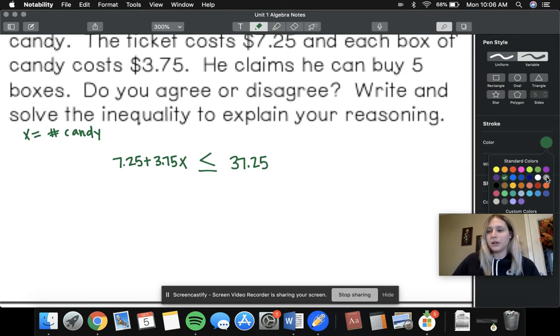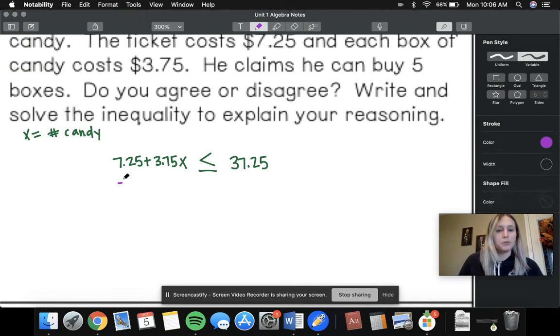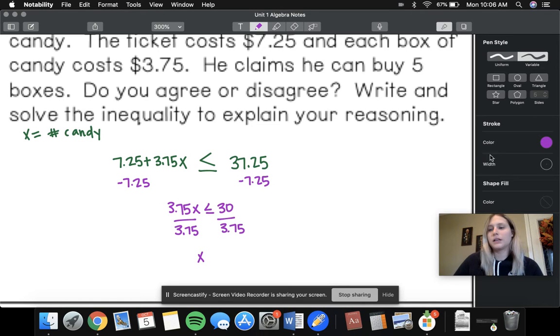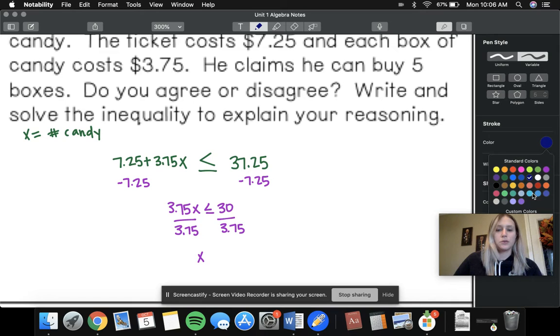All right, so now we are going to solve it. So we're going to take the movie ticket out of the problem. So then we would divide by each box of candy. And 30 divided by 3.75 is 8.